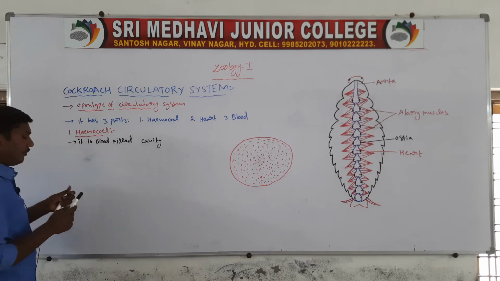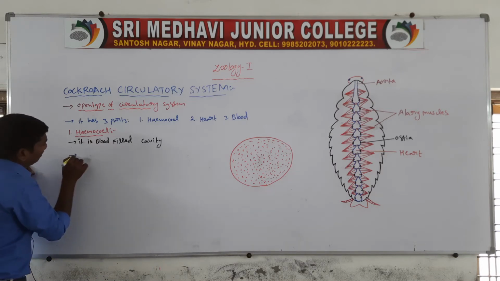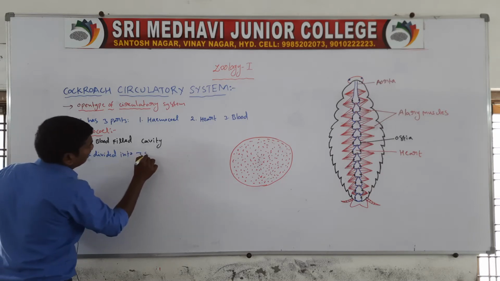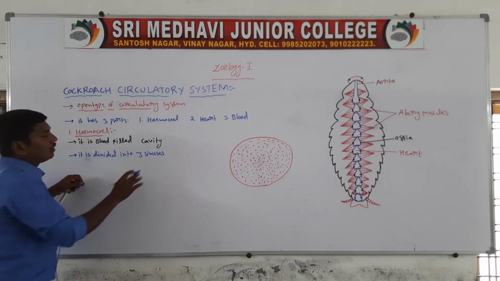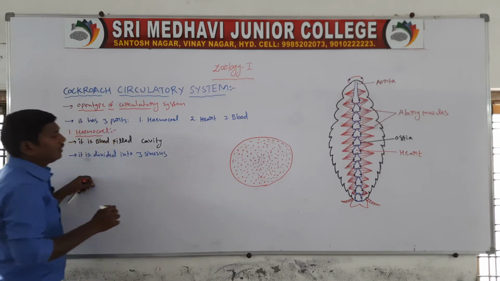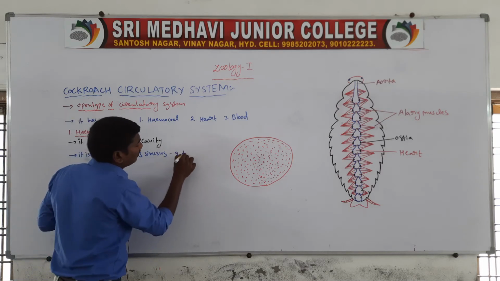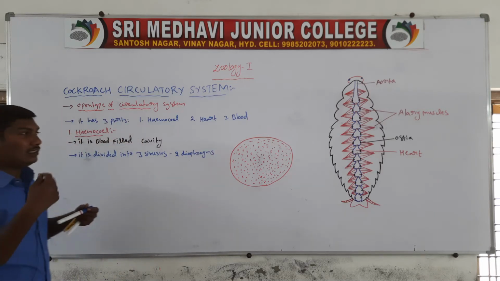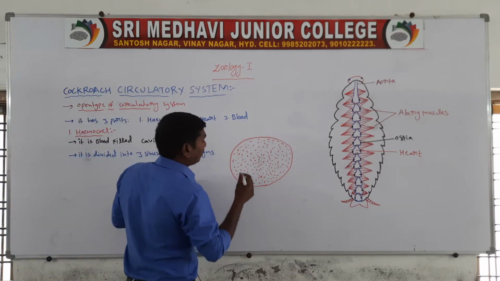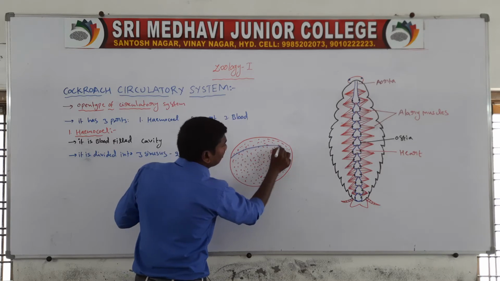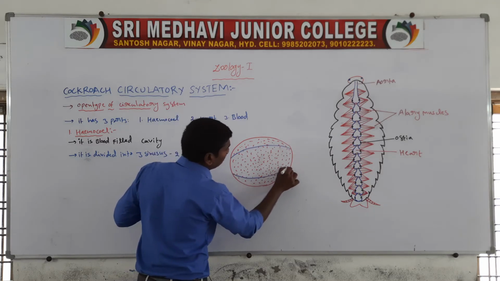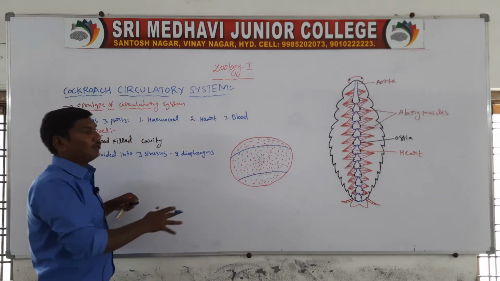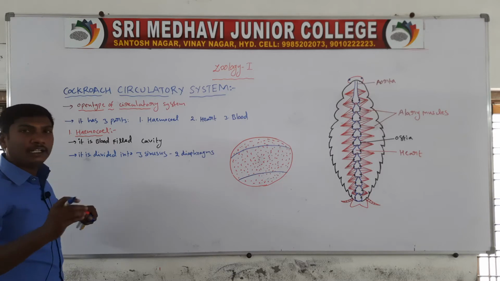It is divided into three sinuses. The hemocoel is divided into three sinuses by two diaphragms.